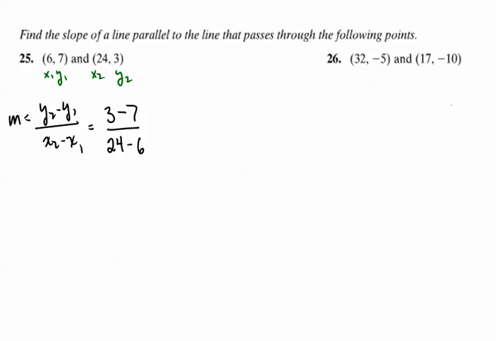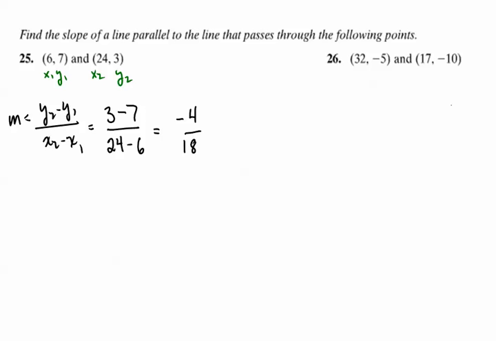So y2 minus y1 is going to give me negative 4, and 24 minus 6 is going to give me 18. If I simplify that, again, you can use your calculator to do all of this for you.